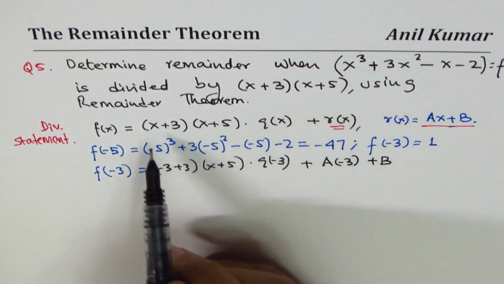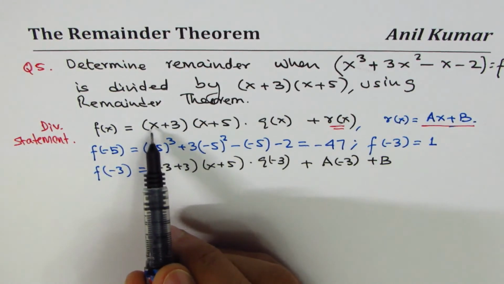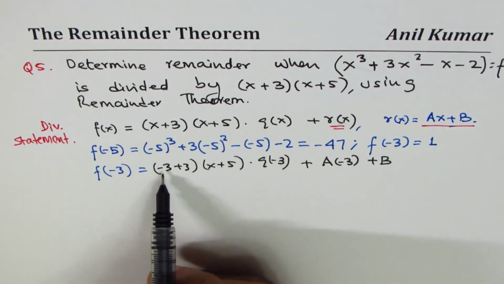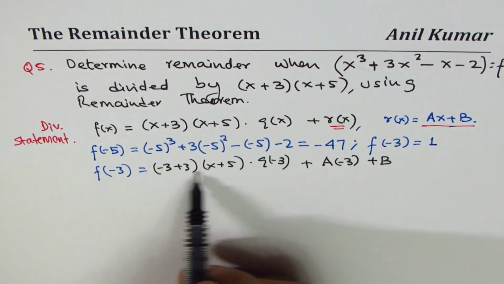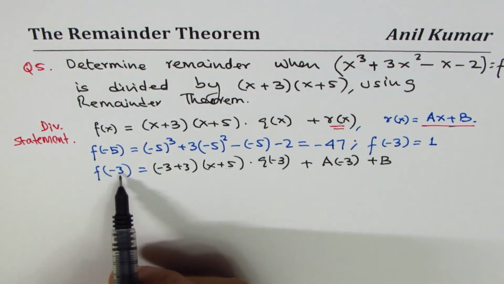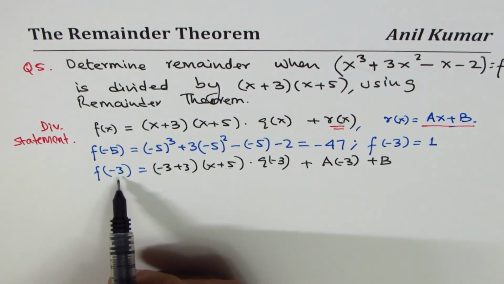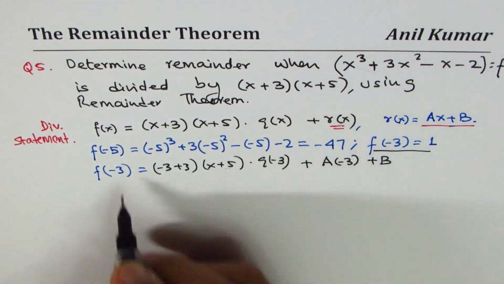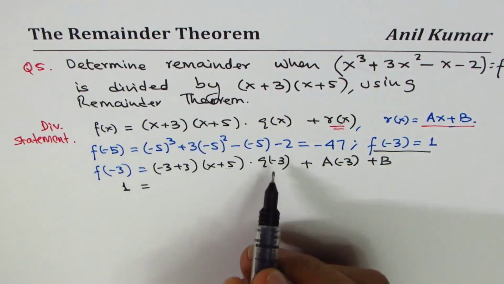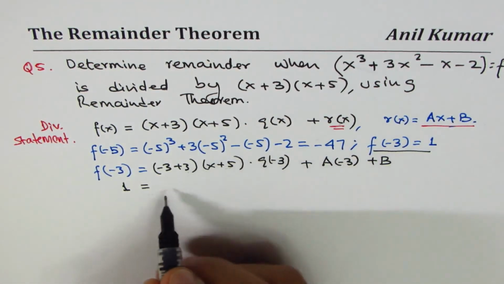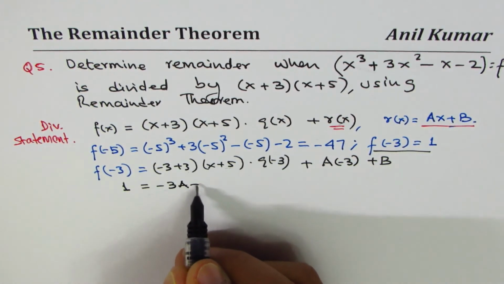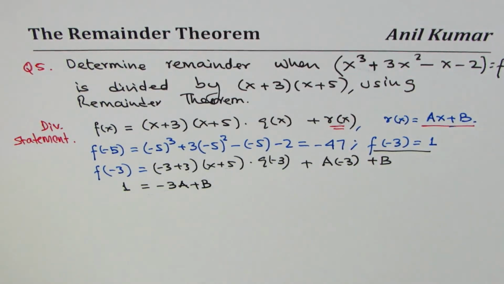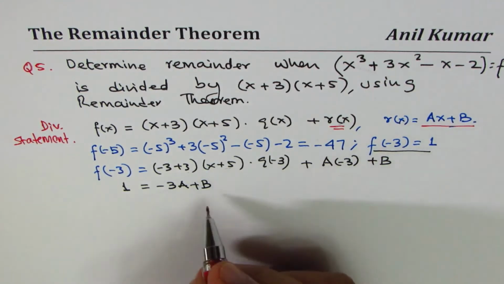So in our division statement, we replaced x with minus 3. Now minus 3 plus 3 is 0, so this part is 0 for us, right? But f of minus 3 is known to us. We just calculated that to be 1. So we can write 1 equals to, this part is 0, and we get minus 3a plus b. Do you see that? So we get an equation relating a and b.